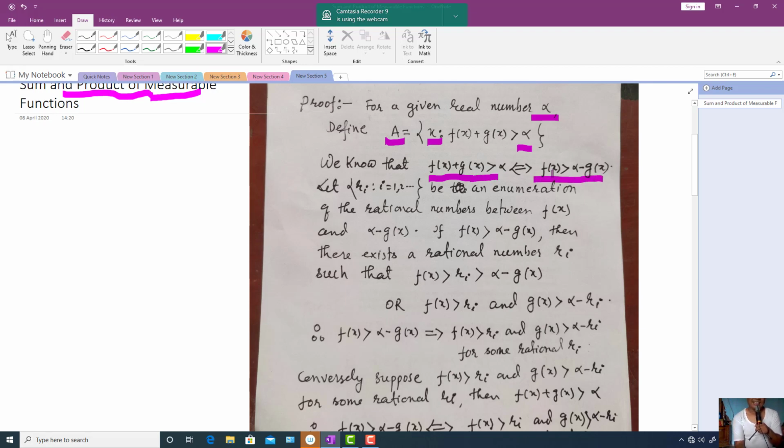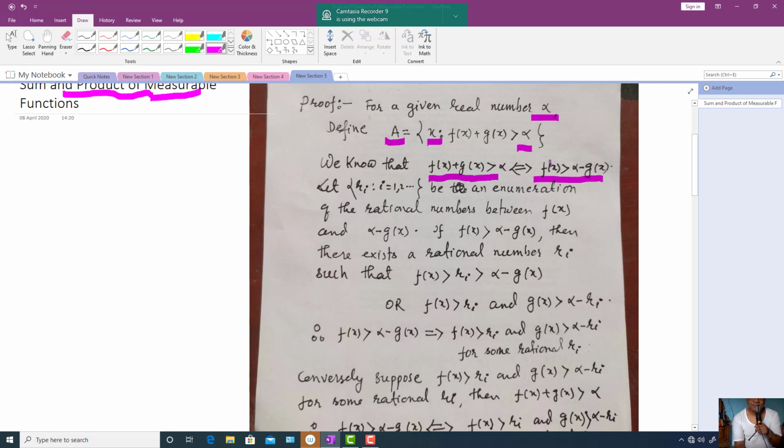Conversely, if f of x is greater than alpha minus g of x, by transferring g of x to this side, you get f of x plus g of x is greater than alpha. It is a very elementary thing, but it is important. They are equivalent statements.